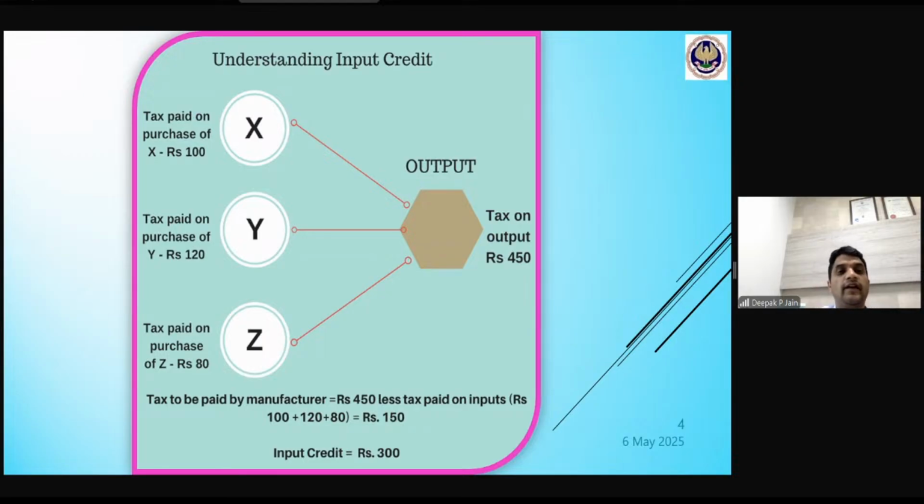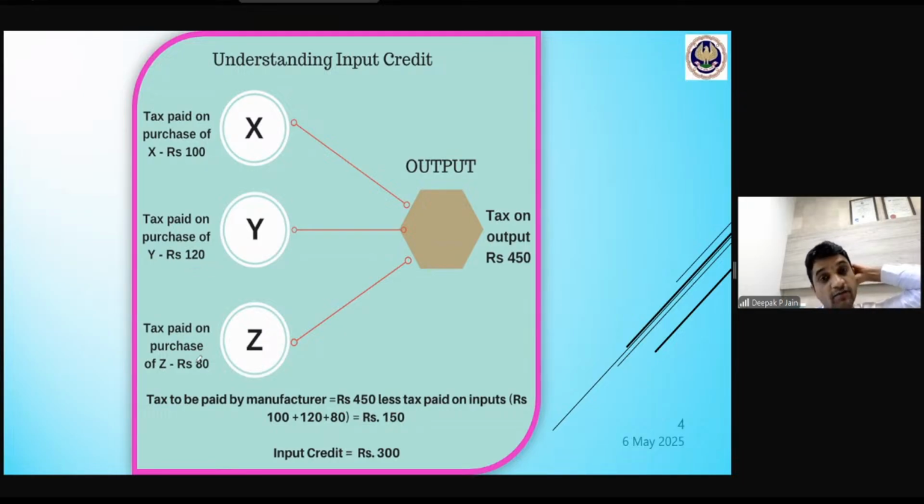Okay. X has purchased, tax paid on purchase of X. So there's a person who has purchased some goods X. On that, he has paid tax of 100 rupees. Then he has purchased some goods called Y. On Y, he has paid tax of 120 rupees. So this is credit available. This is also credit available.